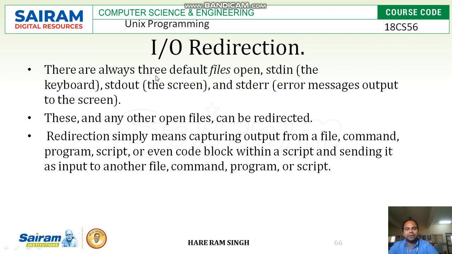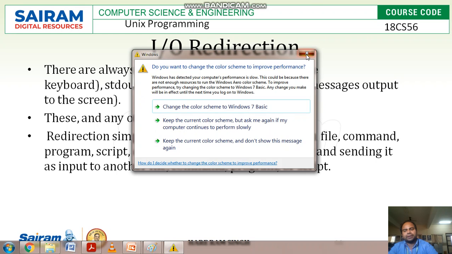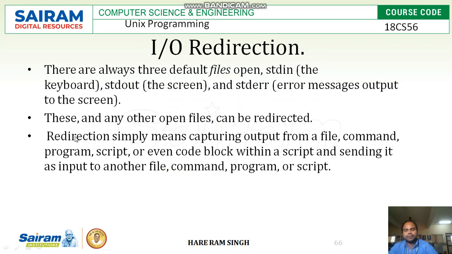Next one is input output redirection. So what is input output redirection? There are always three default files open: stdin, the standard input file, which is the keyboard; standard output, which is the screen; and standard error, which is error message output to the screen.